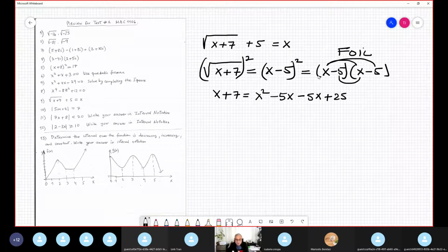Okay. X plus 7 is equal to x squared minus 10x, because negative 5 and negative 5 together, combine later, plus 25.